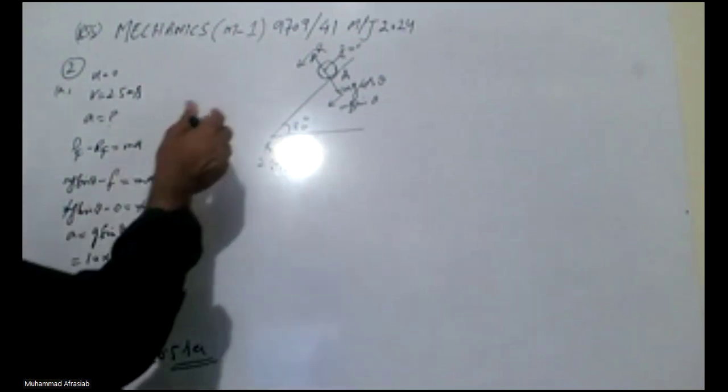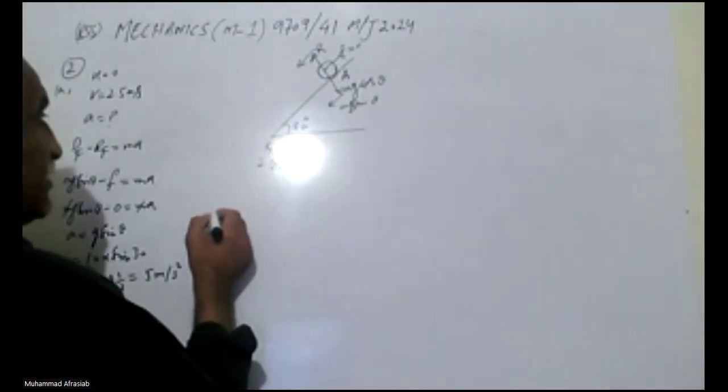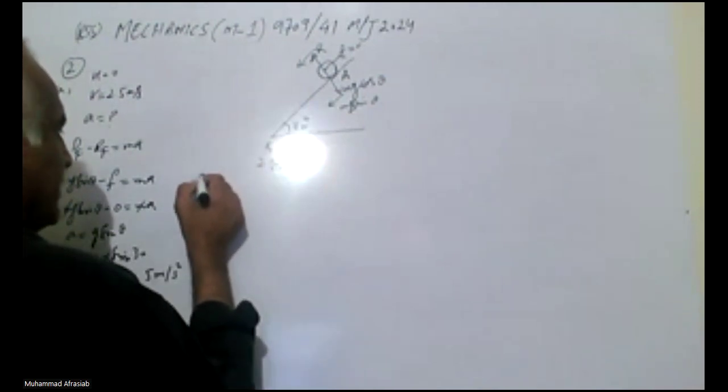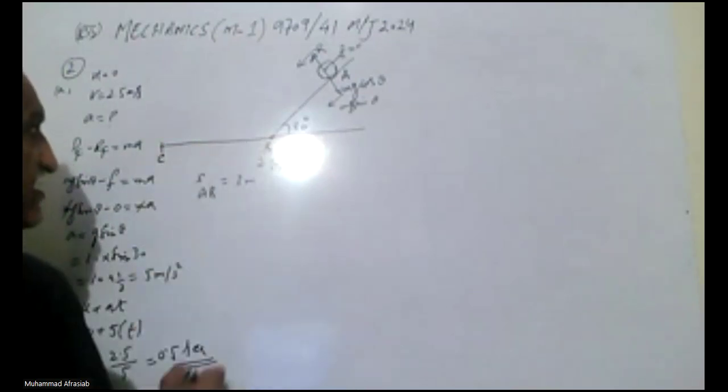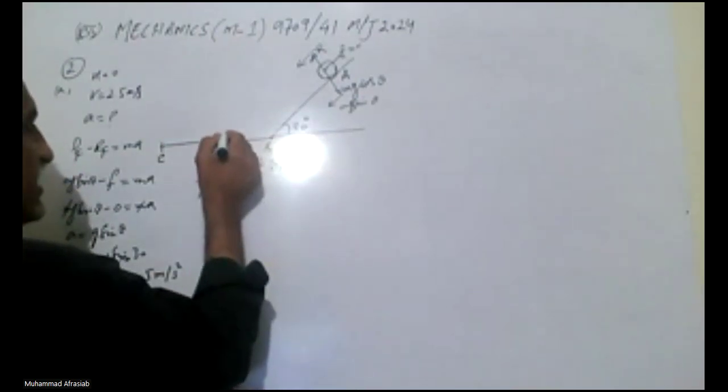Now for the second part, they said that when the particle has traveled 3 meters down the slope, that means S from A to B is equal to 3 meters. And we are going to calculate the new acceleration for that. Let's say the particle after this point B reaches this point C there, and there is a frictional force acting on that part.